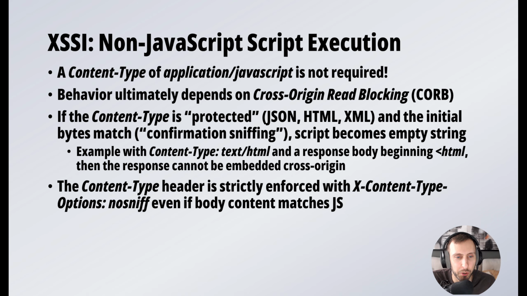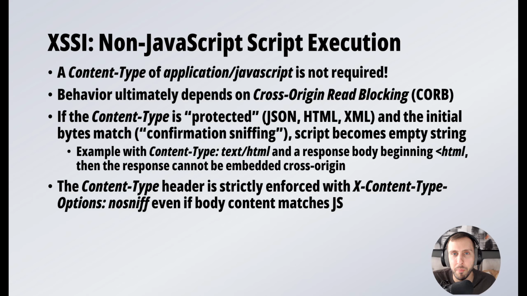As one example, if you have a resource that responds with the content type text/HTML, and it has a response body beginning with angle bracket HTML, the response cannot be embedded cross-origin. The browser is going to block that using its confirmation sniffing with CORB. So the content type header is strictly enforced, with the addition of X-Content-Type-Options nosniff.